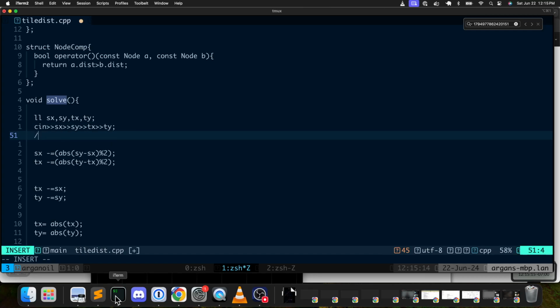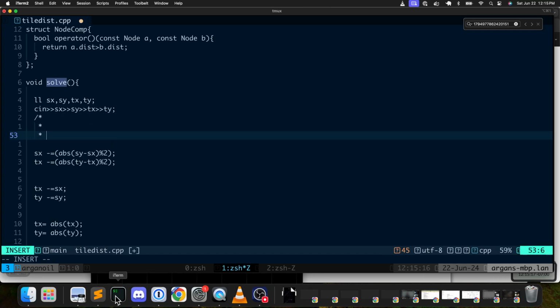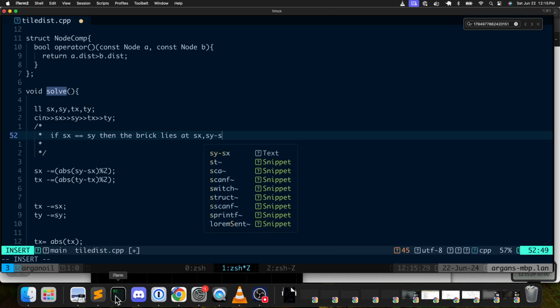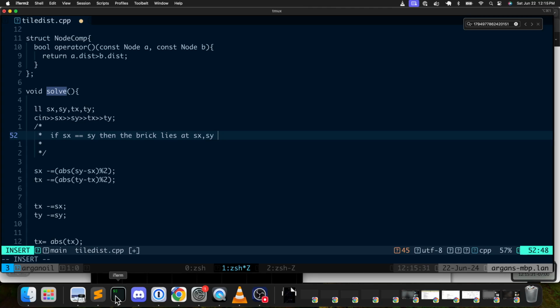So here, if sx is equal to sy, then the brick lies at sx comma sy, and otherwise the brick lies at sx minus 1 comma y.